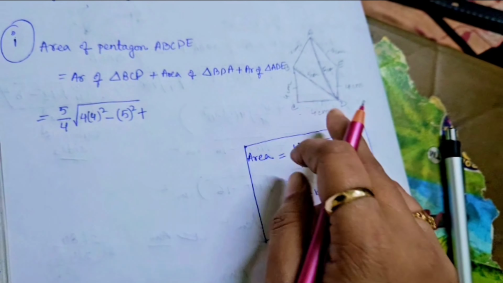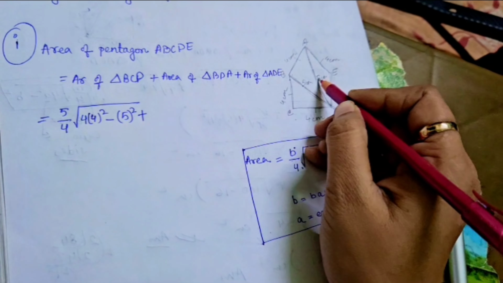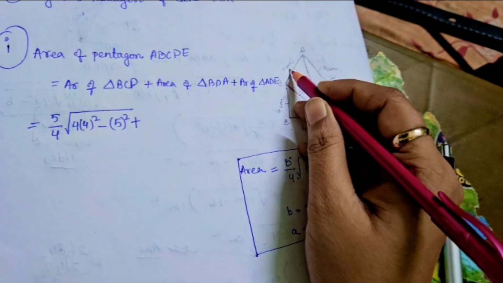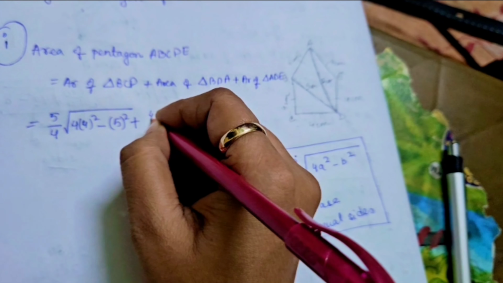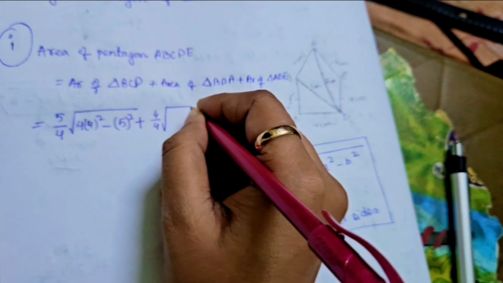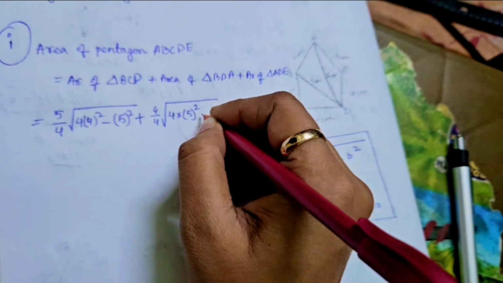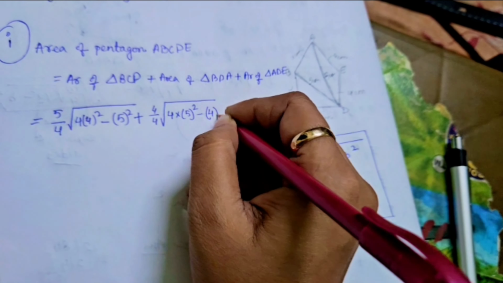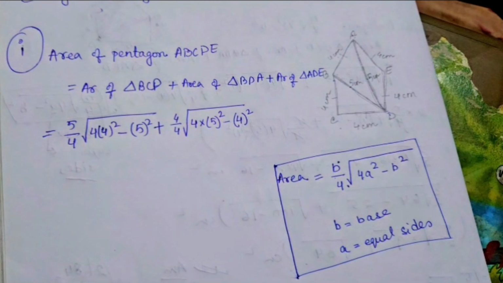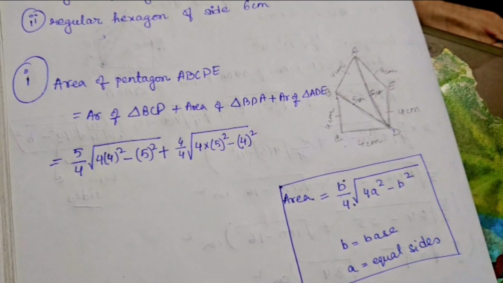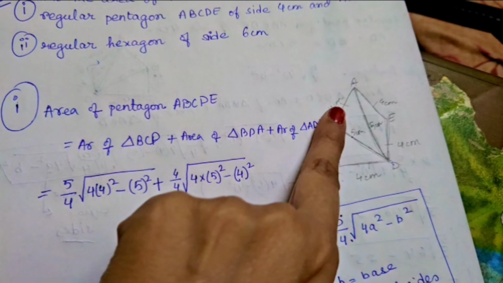Plus next, in this triangle the equal side is 5 cm and the base is 4 cm, so 4 by 4 root of 4 into 5 square minus 4 square, because 4 is the base over here.